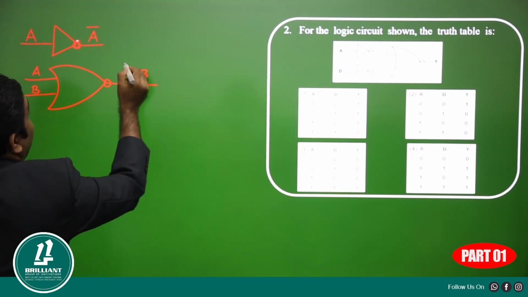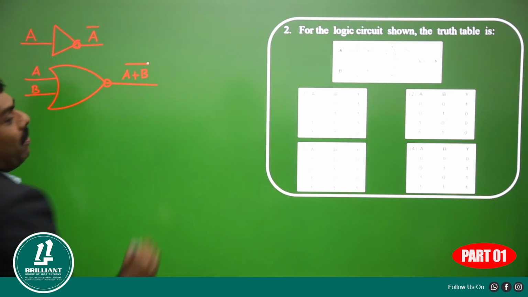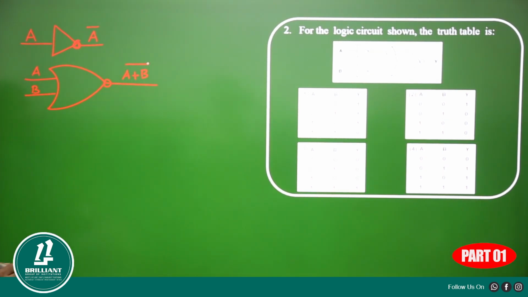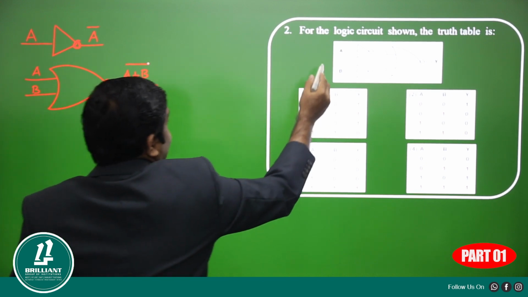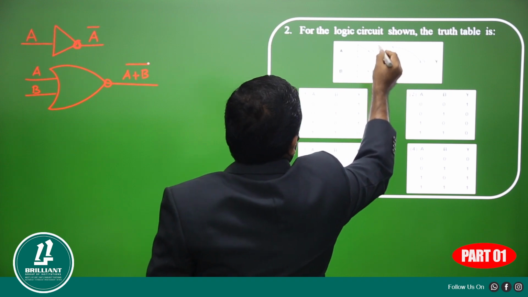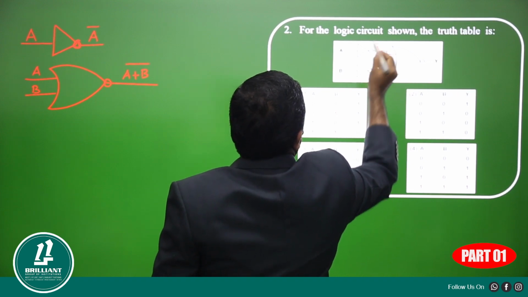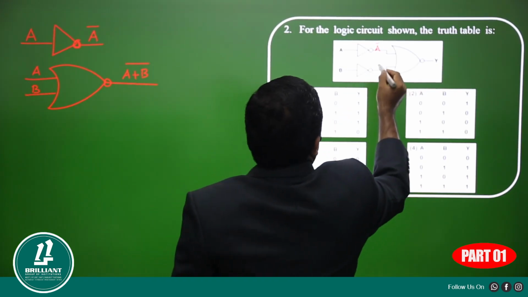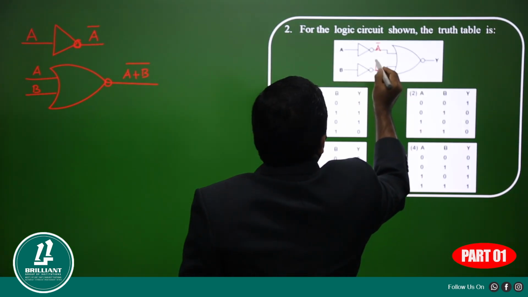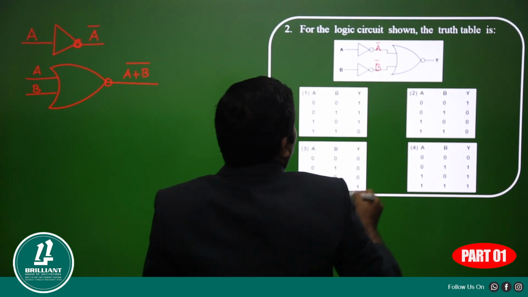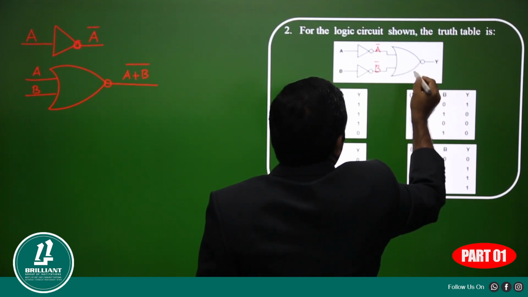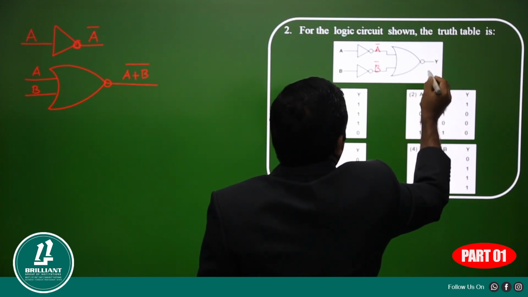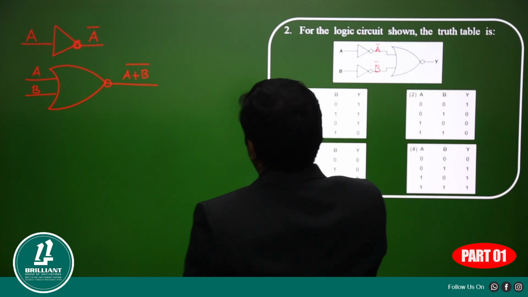So this is now A or B complement. Then we check the truth table. Here A is there, so it should be A complement. This is B, therefore this will be B complement. And therefore Y will be A complement or B complement, all complement.